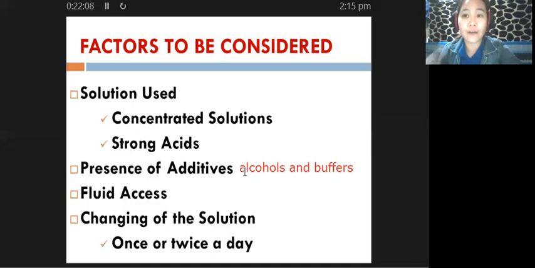However, take note that additives will slow down the decalcification process. So in performing decalcification, you have to consider all of these factors. What do you want? What are you after? What is the purpose of your decalcification process?